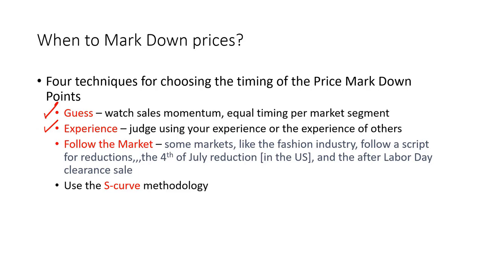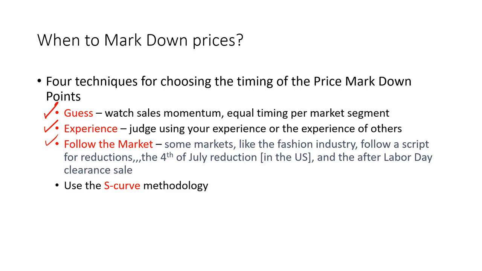Another technique is following the market. Some markets, like the fashion industry, the automotive industry, and others you can name, follow a script for the reductions. In the fashion industry, for example, somewhere around the 4th of July, there's going to be a 4th of July sale.